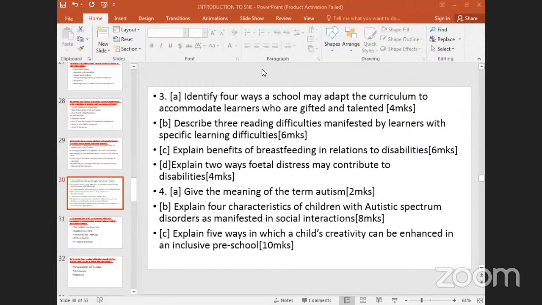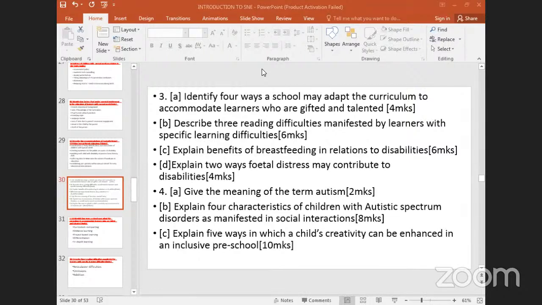For example, in this question, the key phrase is gifted and talented. Are we together? If you remove that key phrase, the question is not complete.